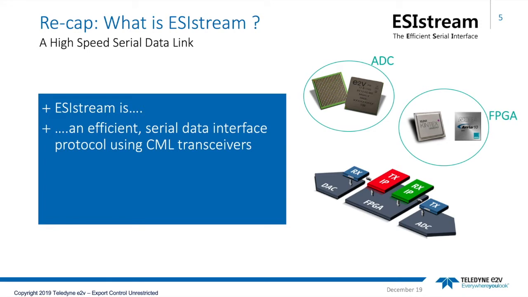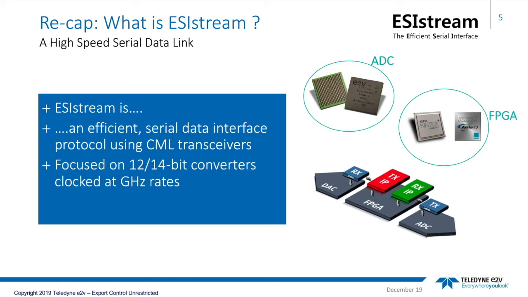ESIstream is a highly efficient serial link technology based on current mode logic transceivers. It's based on a 14-bit/16-bit encoding scheme and targets primarily 12 and 14-bit resolution high sample rate data converters. It's available as an open source alternative to the JEDEC system, but though there are similarities between the two, ESIstream has some system level advantages, as we'll soon see.